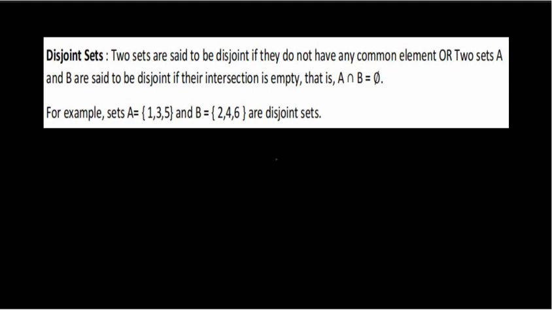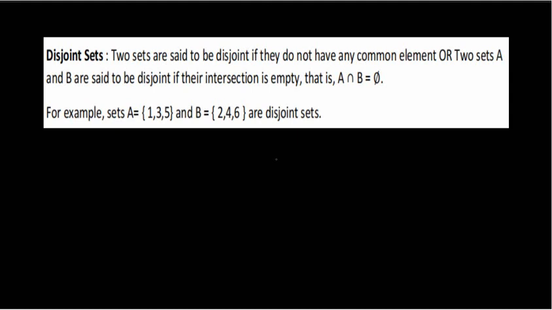Then the other one is what we call the disjoint set. A disjoint set is a set whose intersection is an empty set.